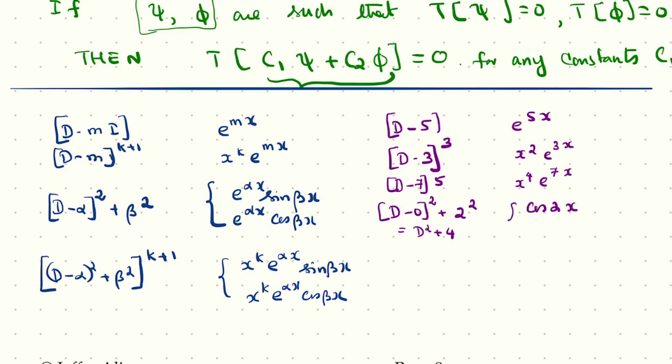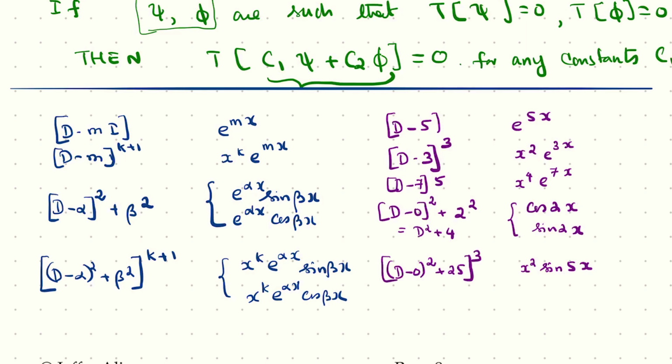It's not only for this one, that works for the sine 2x as well. So if I ask you, again, we are following this rule right here, what would be the annihilator of x squared sine 5x? The answer would be (D minus alpha, in this case 0) the whole squared plus 5 squared, which is 25, raised to the cubed.